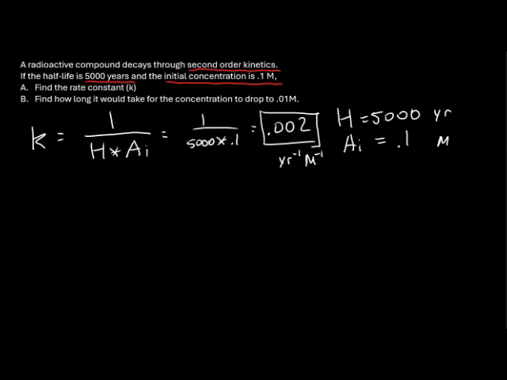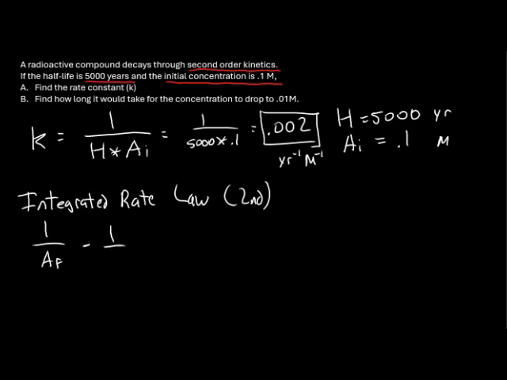It turns out we can use an integrated rate law for this as well, but it's going to look different from the first-order kinetics version. The integrated rate law for second order is 1 over A final minus 1 over A initial is equal to K times T. Now we know that A initial is 0.1 because that was used in the previous part of the problem.